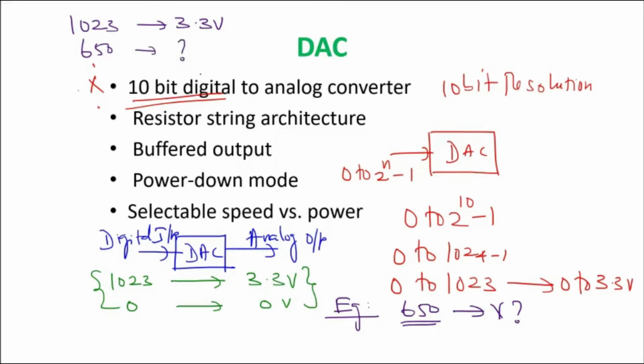The equation is 3.3 divided by 1023 multiplied by 650. This will give me some x volts. So you can calculate the analog output voltage for any digital input. This is the important specification that you have to keep in mind.